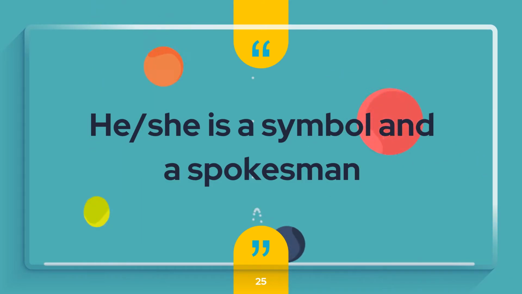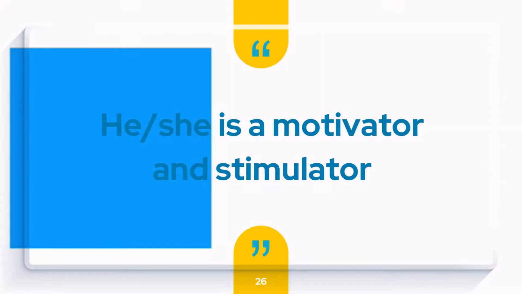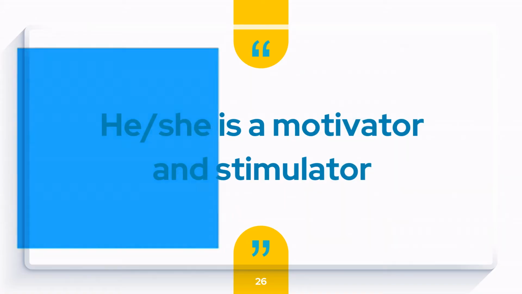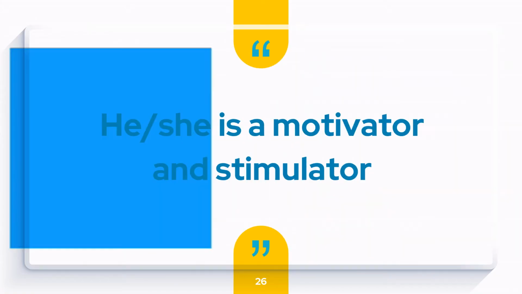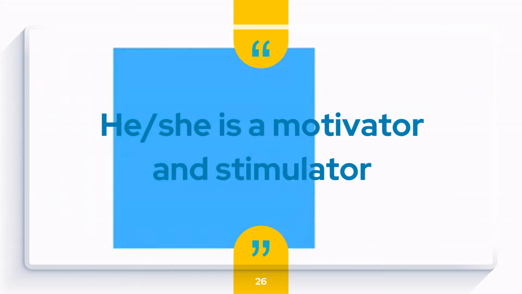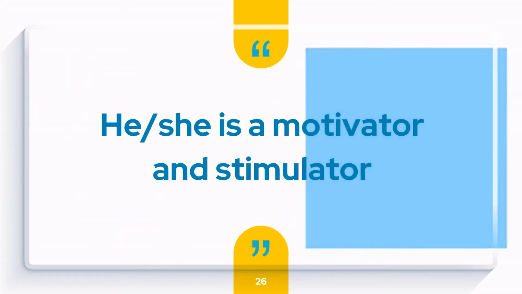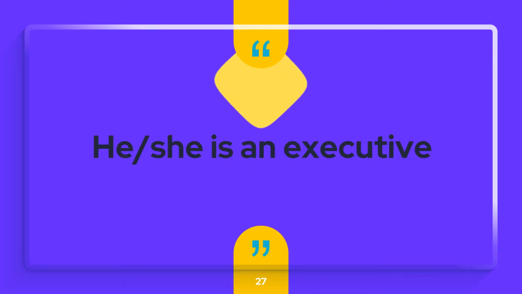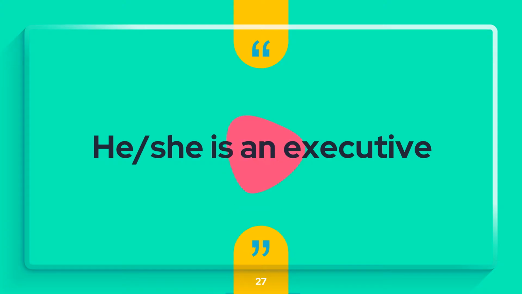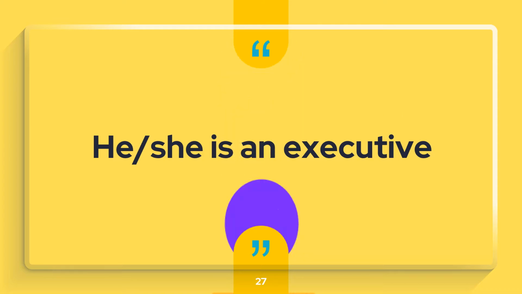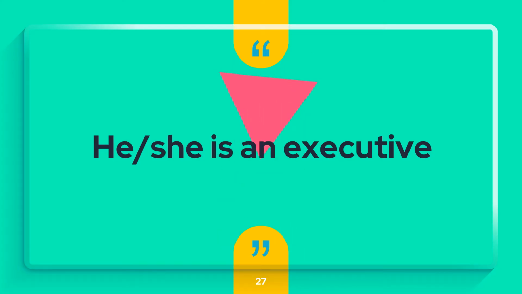He or she tries to maintain norms and values of the society. Number 3, he or she is a motivator and stimulator. He or she helps the individual and group to understand their goal as a group member. And number 4, he or she is an executive. He or she facilitates the activities of the group in order to gain the set objectives.